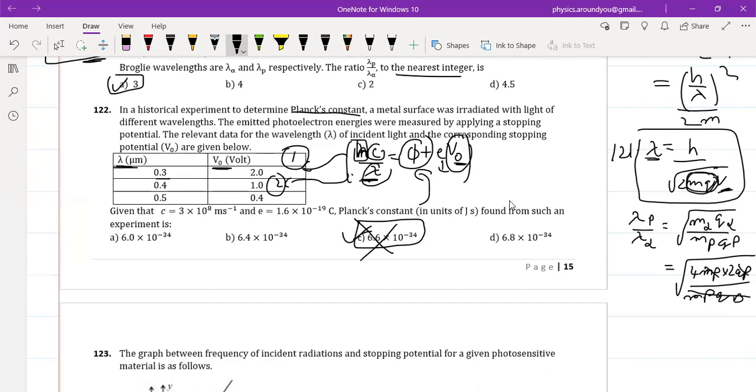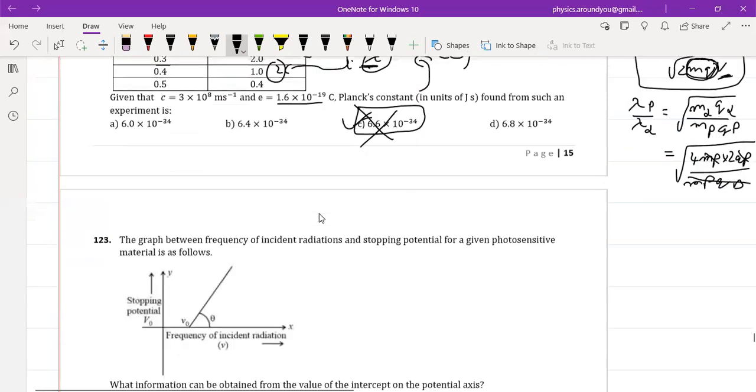So it might happen that the answer is D, B, or A also. So it is entirely mathematical. Apply the equation 2 times, subtract, and get the value of h in terms of c, lambdas, V naughts, and e. e is given as 1.6 into 10 power minus 19. This is question number 122.